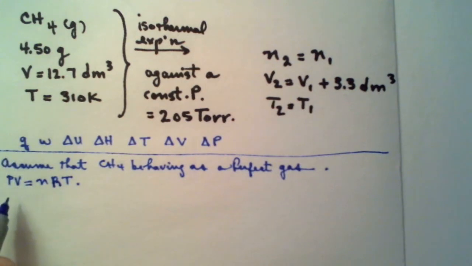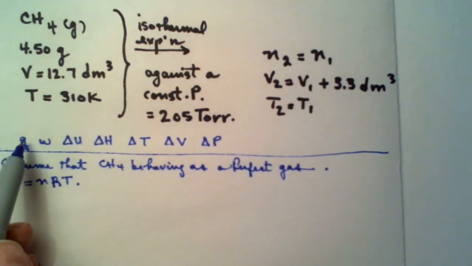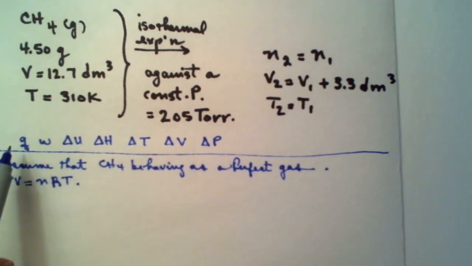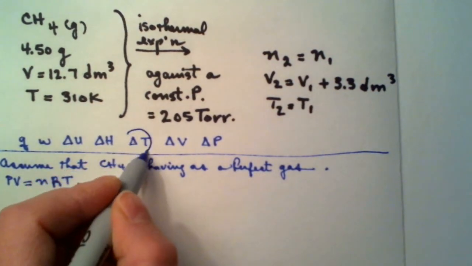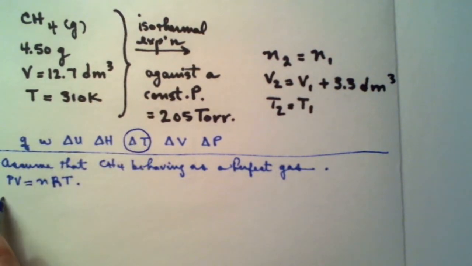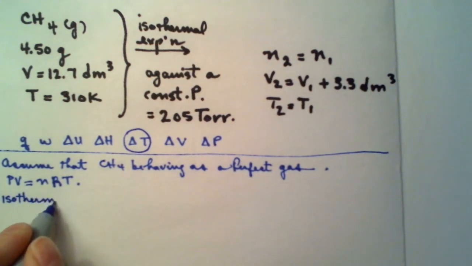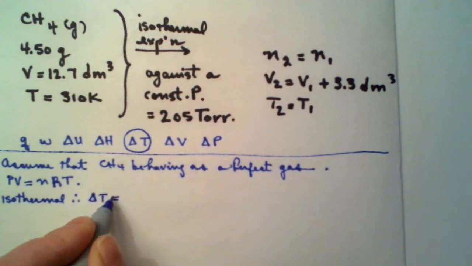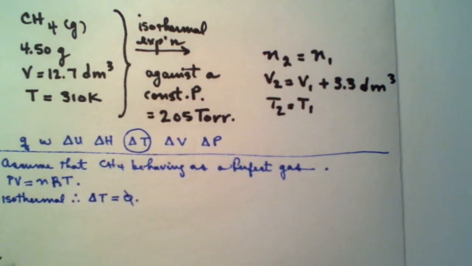All right, which one of these are you going to determine first? Which one, in fact, is known? Well, it's isothermal. Okay, so let's check that one off. It's isothermal. Therefore, delta T is equal to 0. Now, not only is it isothermal, but it's isothermal and perfect.